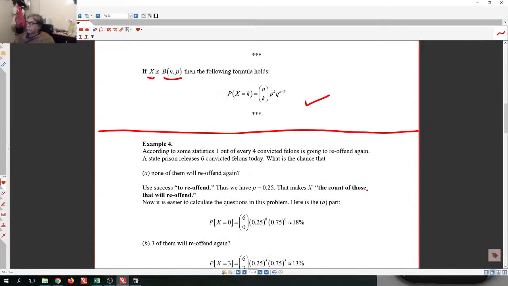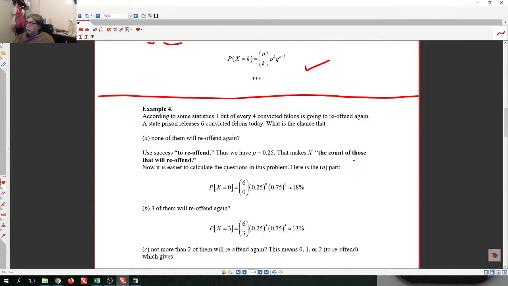Now I declare the number of reoffenses, again, the count of those that will reoffend. The people that will reoffend, I should be more precise, right? Because one person could reoffend 3 times, but the count of those people that will reoffend is the binomial random variable. So X is a binomial random variable.